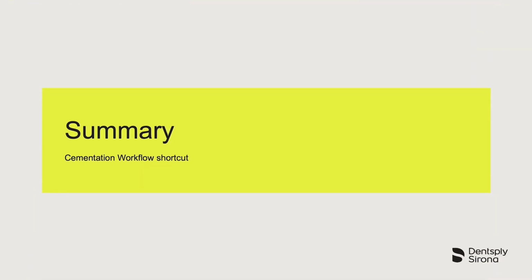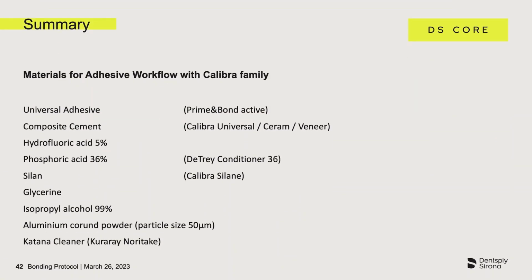Let's summarize the workflow once again, using Calibra Universal and Calibra Ceram as examples. The necessary materials for the workflow should be kept ready. On the one hand, we need a universal adhesive, and in this case, to stay in the system, Prime and Bond Active.